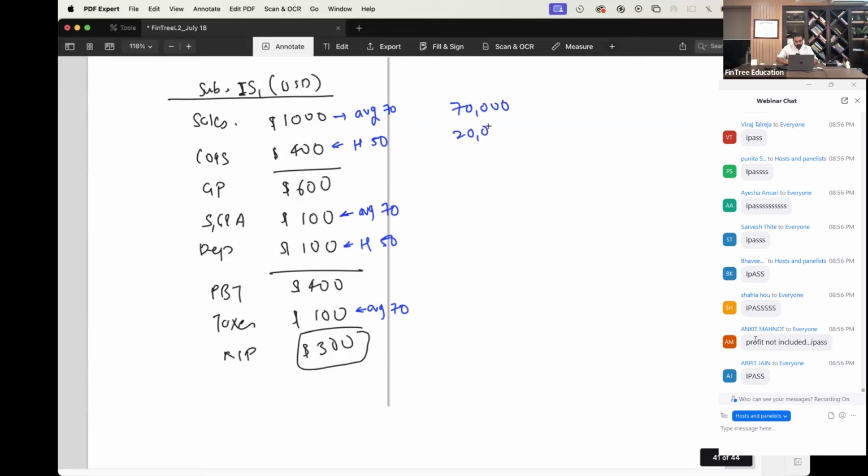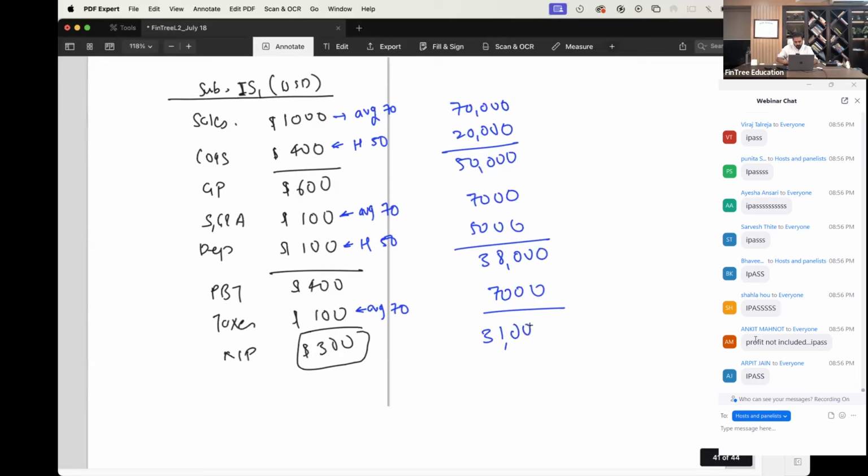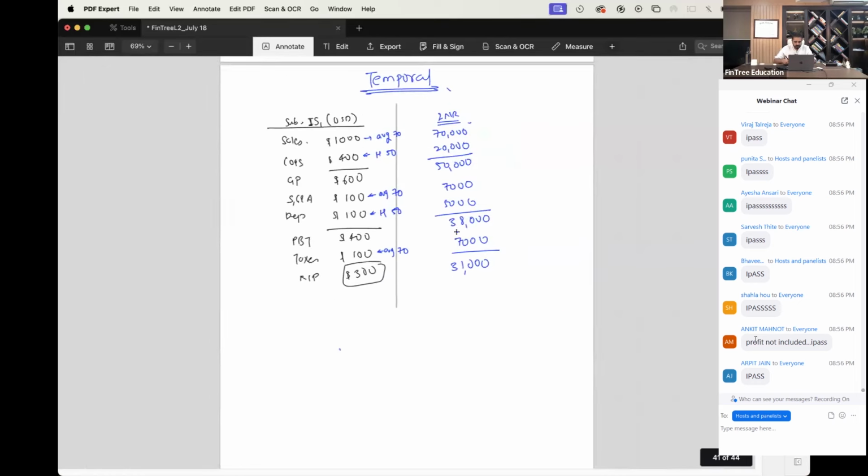70,000, 20,000. GP became 50,000. Then this will be 7,000, 5,000. So 12, 38, 38,000, 7,000, 31,000. This is in INR. Good. That's impressive.